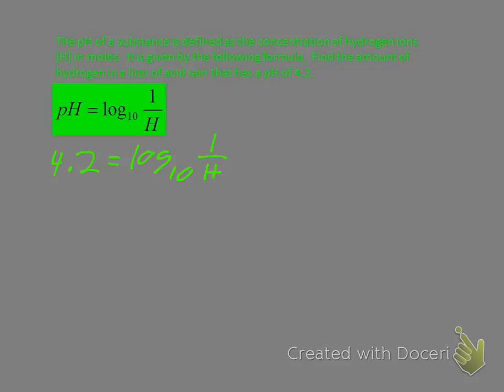Okay, Jess? Why didn't you change 4.2 to a decimal? It's not a percent. Oh, it's just a regular 4.2, correct. Okay. Now, there's probably two ways you could do this problem. To make my point, I'm going to do it this way.